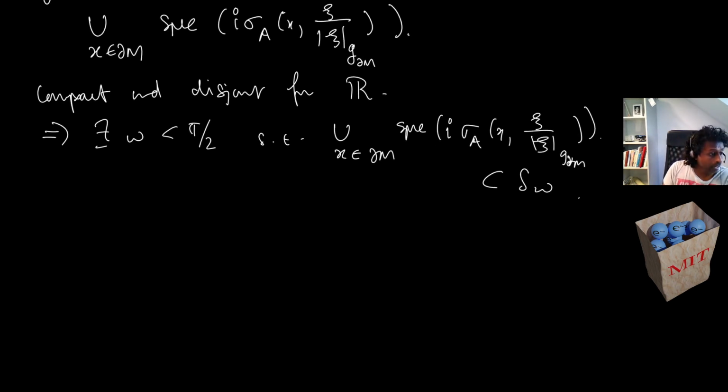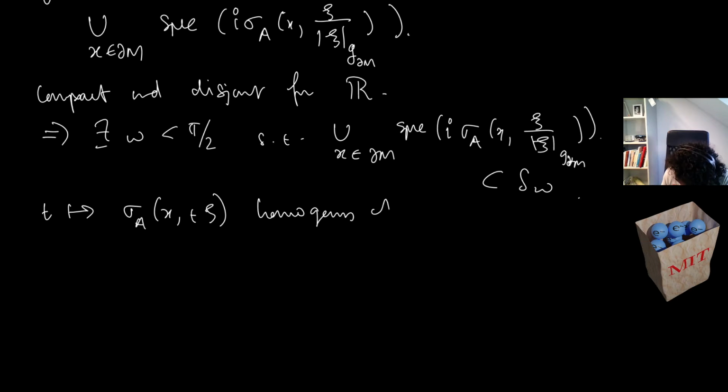Also now, we have that t maps to A_x t psi is homogeneous of degree 1. So that means that we can recover all of our covectors by just lines going through 0 and the cosphere bundle.